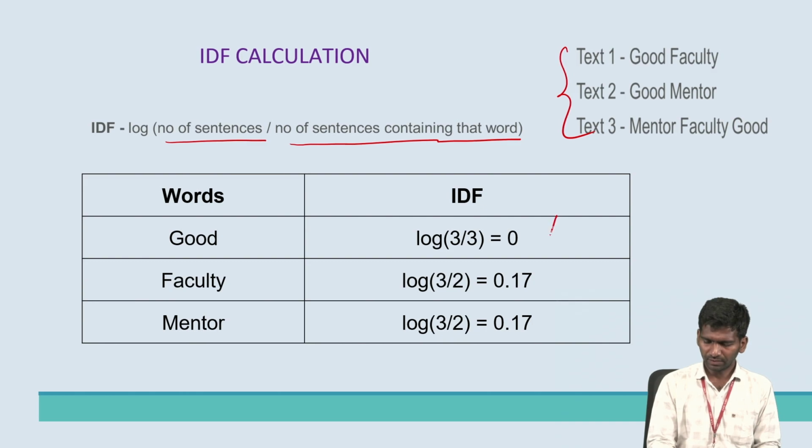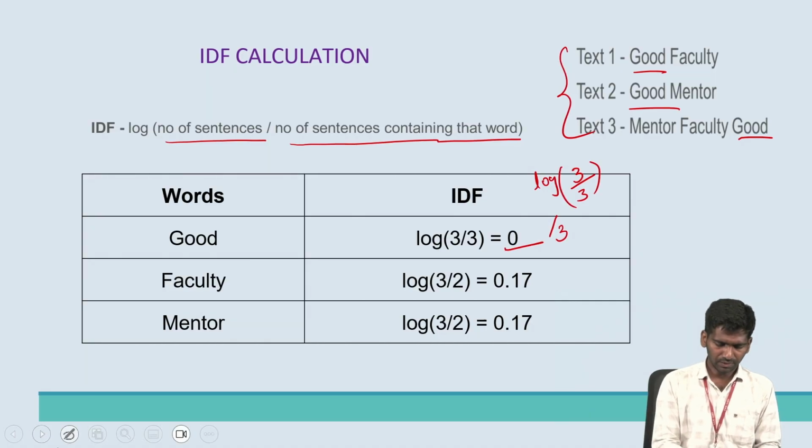So log of 3 by the number of sentences containing that word. Good is contained in how many out of these 3? Here 3, right? So 3 by 3. Log 3 by 3, so the answer will be 0.